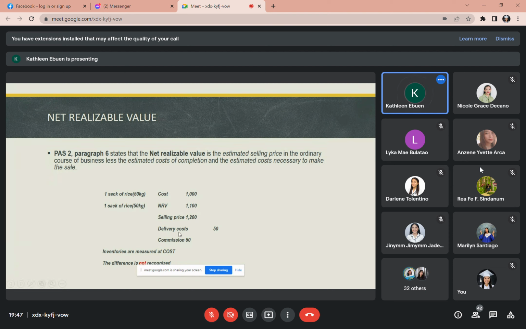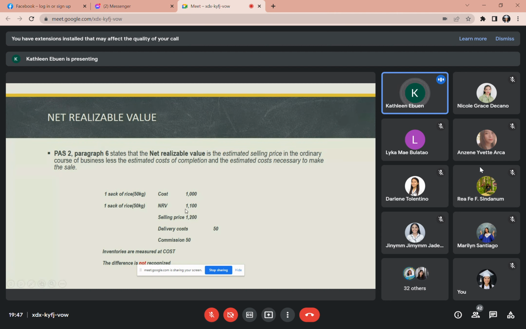And then, of course, pag nagbenta ka ng bigas, ipapa-deliver mo ito sa customer mo. So, nag-i-incur ka pa ng cost na delivery charge of 50 pesos. And also, yung commission expense, 50 pesos. Siyempre, yung magdi-deliver ng bigas mo, kailangan mo din siyang bayaran, aside from the transportation cost. So, nag-i-incur ka ng 100 pesos. So, that is the estimated cost to sell. So, therefore, ang net realizable value mo is 1,100.